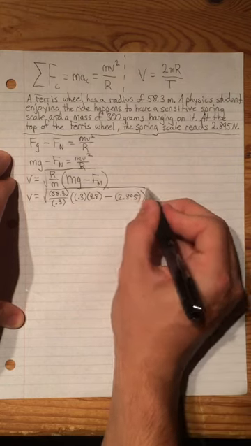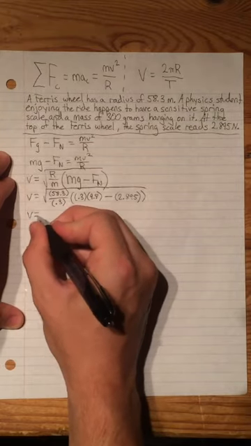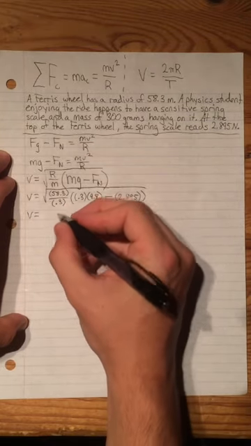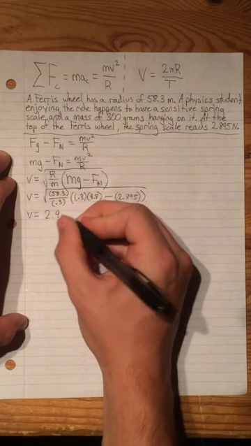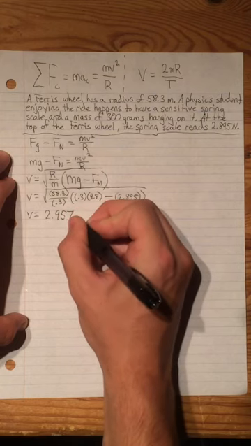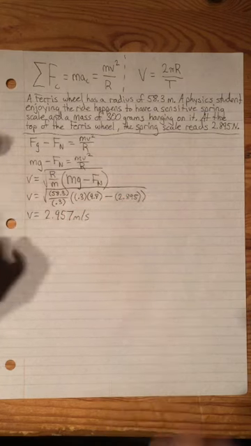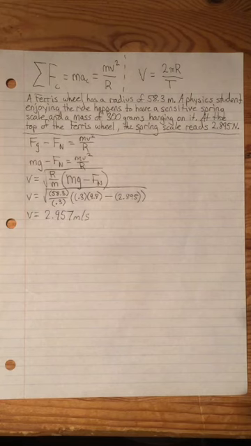And you're going to take the square root of all of that, and we're going to get 2.957 meters per second. That is the velocity of the passenger cars on the Ferris wheel. We can box that.